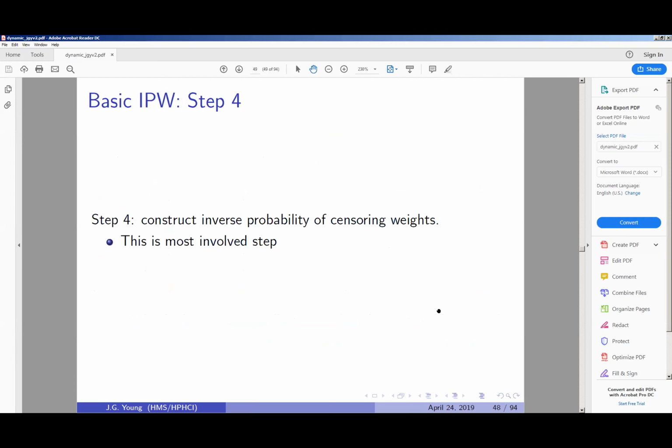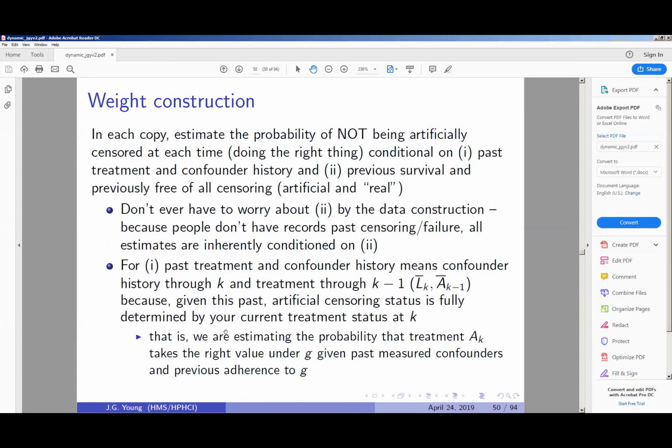Okay. Now we get to step 4, which is construction of inverse probability of censoring weights, which is the most involved step. So let's get to this. Now in each copy, we're going to estimate the probability of not being artificially censored at each time.